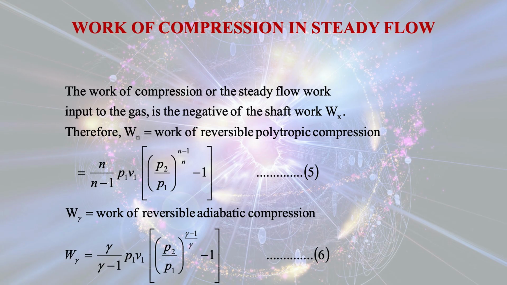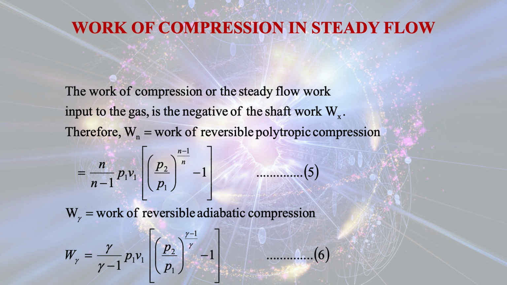The work of the compression, or the steady flow work input to the gas, is the negative of the shaft work Wx. Therefore Wn we can calculate, that is equal to n divided by n minus 1 P1 V1 within bracket (P2 by P1) whole to the power (n minus 1) by n, minus 1 bracket close.